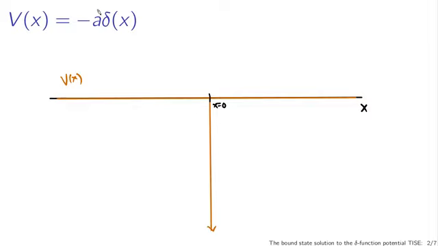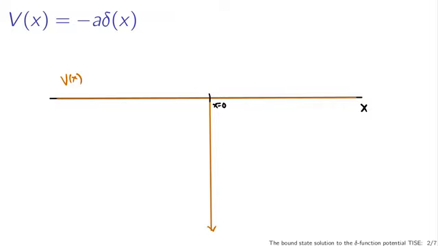I'm defining V of x to be minus a times delta of x because we don't necessarily know exactly what the strength of this delta function potential is. You can have different strengths of delta function. If you treat a delta function as a distribution, of course, it has to be normalized. But in this case, we're treating it as a representation of a potential. So we need some constant here which determines the strength of the potential relative to sort of a unit normalized potential.